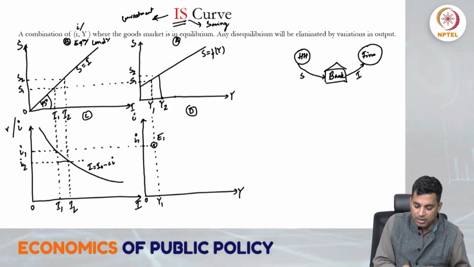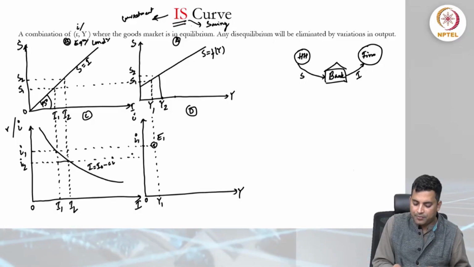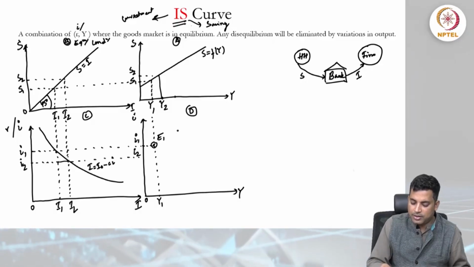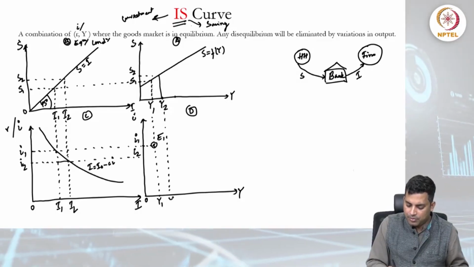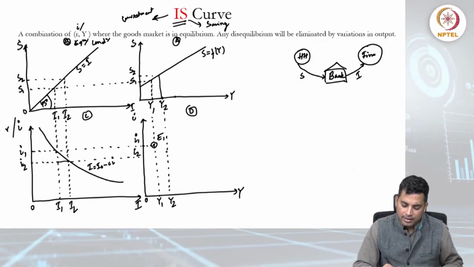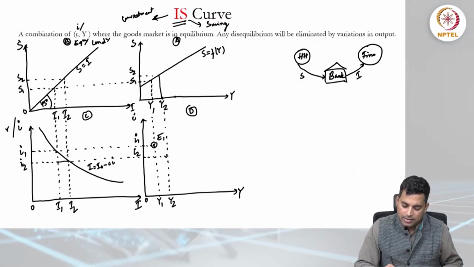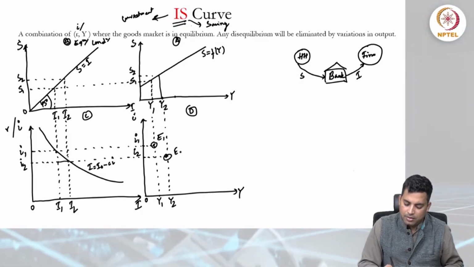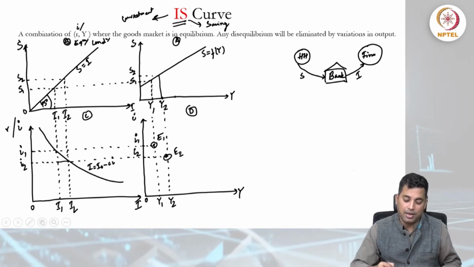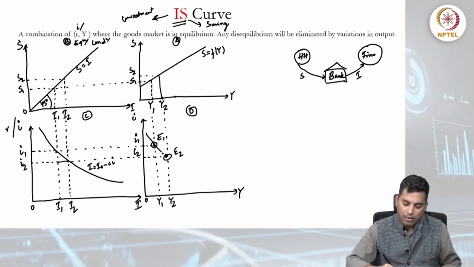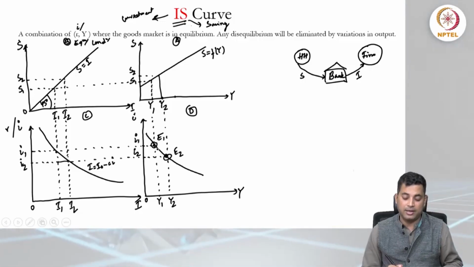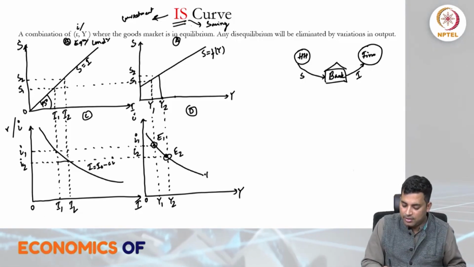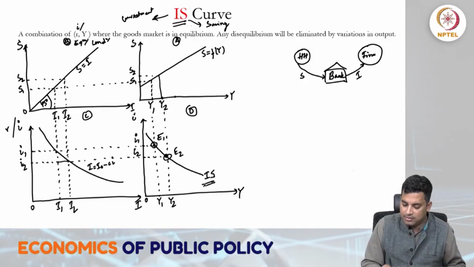And then if we plot this, say I naught, and with the same level of output, which is Y2, we get another point, which we call E2. If we plot E1 and E2, then we get the investment and savings curve.